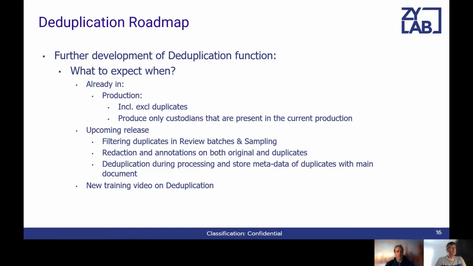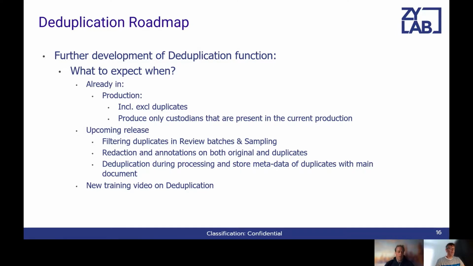You could imagine that if a document is part of 4 custodians, so 4 custodians have a copy of the same document, but you're currently only producing for a single custodian, then the all custodians field will have 4 values for 4 custodians. So we also introduced 2 additional fields in legal production where you can opt to only produce the custodians and the sources that are present in the current production. So this means that if a document is part of 4 custodians and you're producing 2 custodians, the all custodians field will only have these 2 custodians and not all 4.